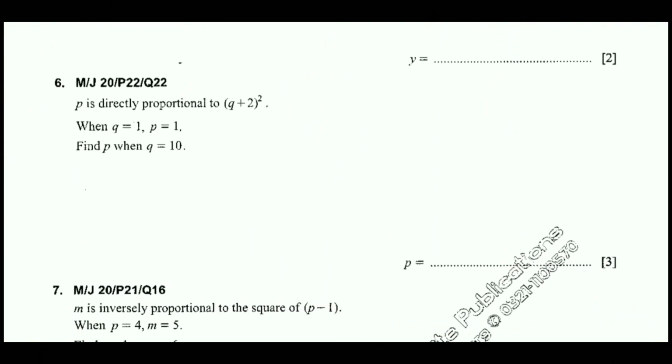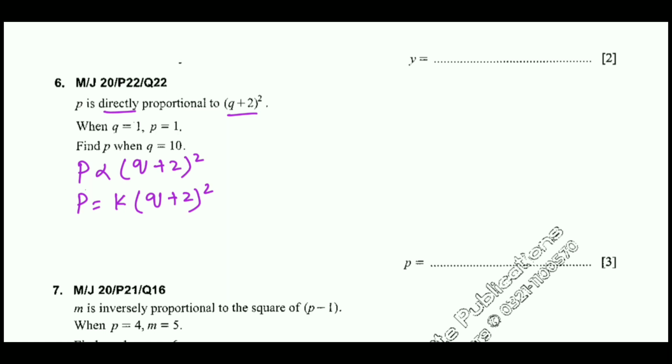Okay, so one more question of directly proportional, this one. This is a question of May June 20 paper 22. Now p is directly proportional to (q plus 2) whole square. Directly means we will just write it in the numerator, and the equation is p is equal to k (q plus 2) whole square.